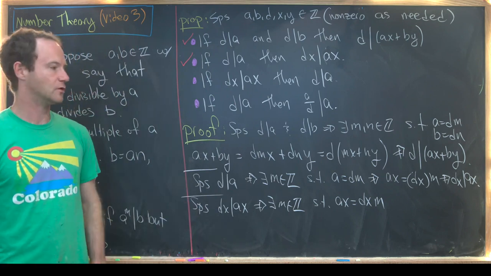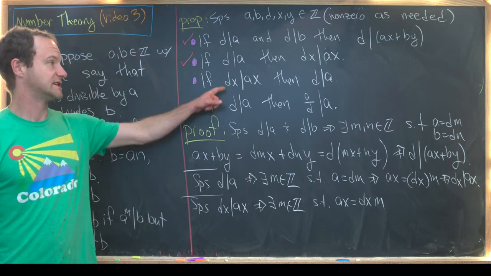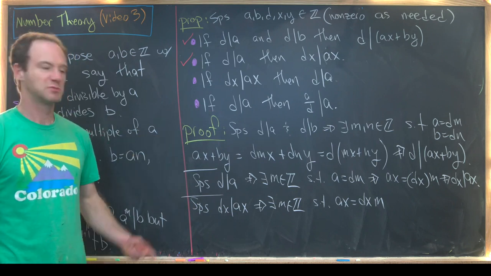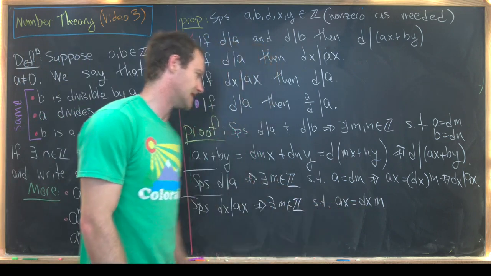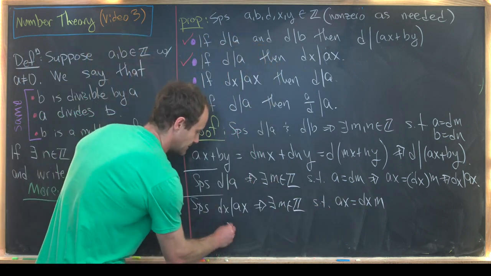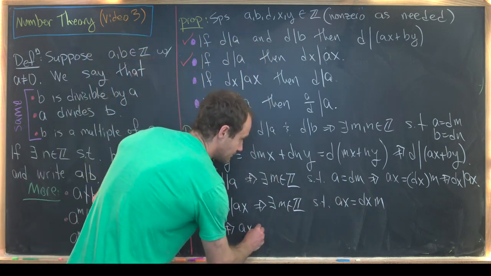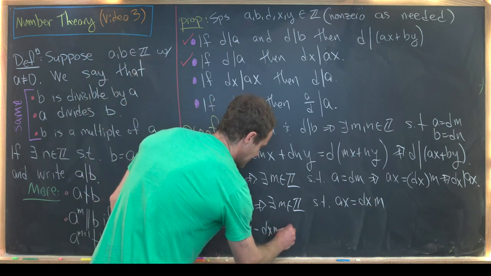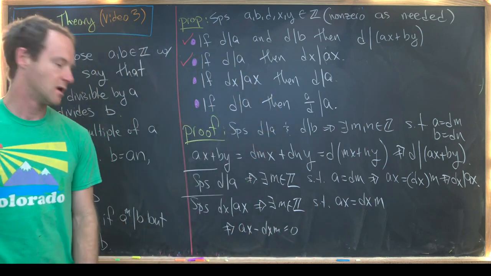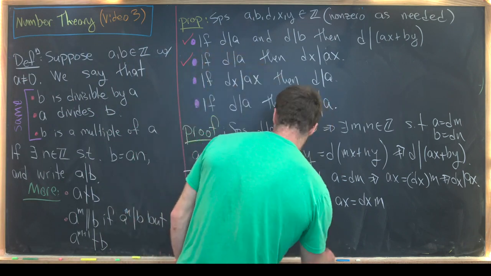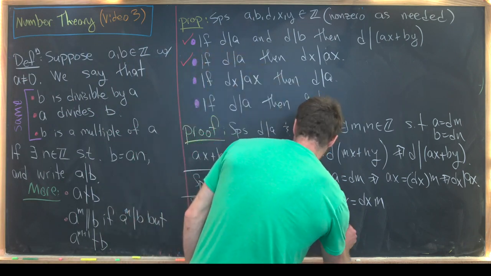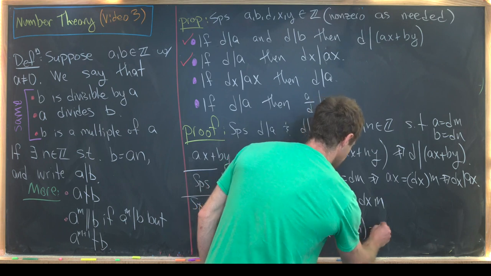But now we need to do a little bit of work to get that d divides a. Let's maybe see how we can do that. Maybe we'll move the dx times m to the other side of the equation. That'll give us ax minus dxm equals 0. Okay, but let's see. That tells us that x times (a minus dm) is equal to 0.